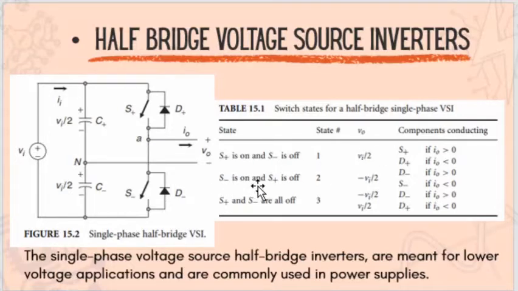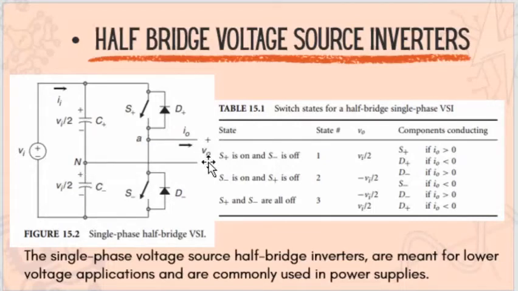Next stage is when S negative is on and S positive is off. If we take a loop again at this point, since S positive is off, there will be no current flowing in this path. The current flows from neutral, positive to negative, VO, back to neutral.